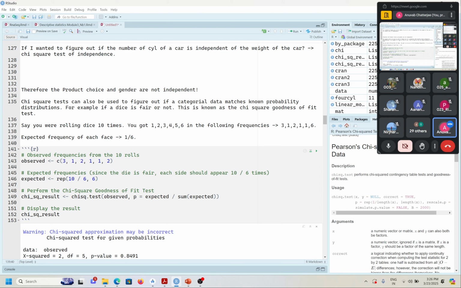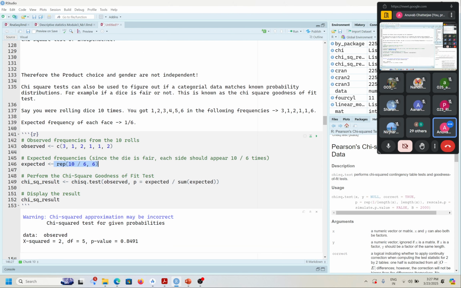To do that, in this case also you have one categorical variable, which is the number on the face, and you have a continuous variable, which is the frequency, the number of times that the particular number occurs. So you have observed frequencies of 3, 1, 2, 1, 1 and 2, and expected is just 1 by 6 repeated 10 times, nothing else.